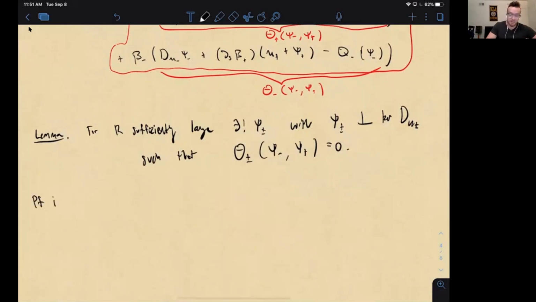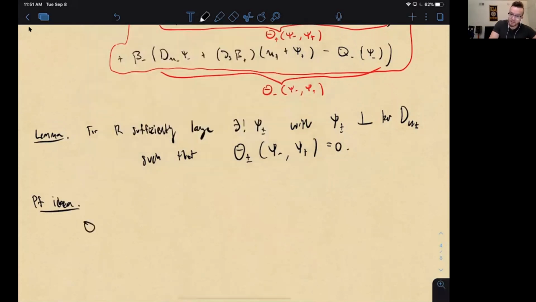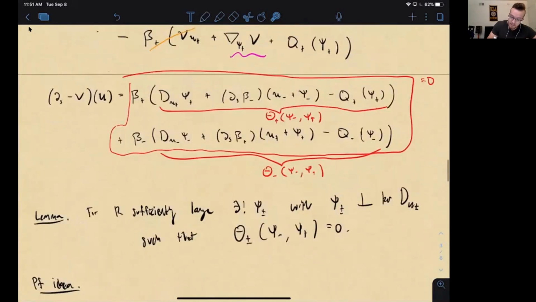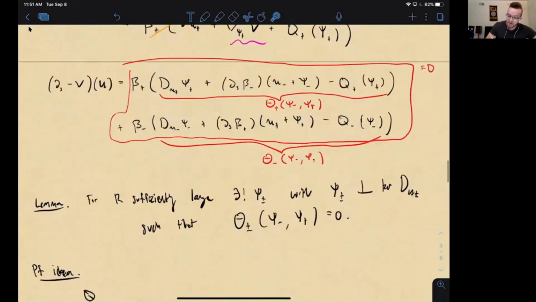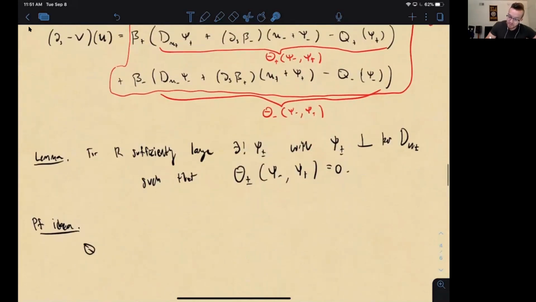So in particular, if I look at theta minus being 0, this is the same thing as du minus psi minus plus ds beta plus, and so on.